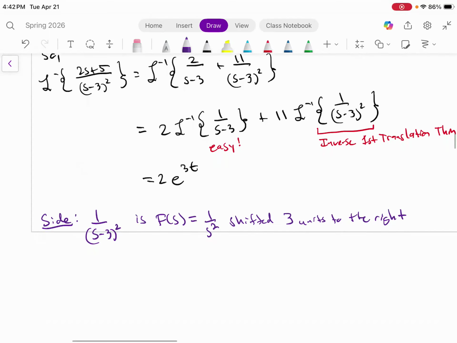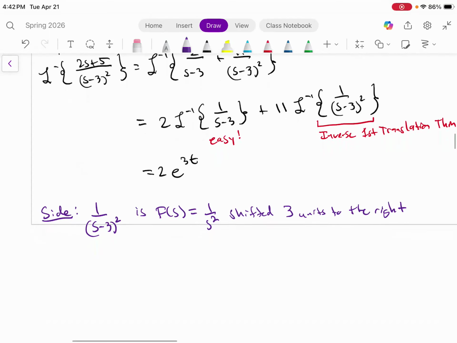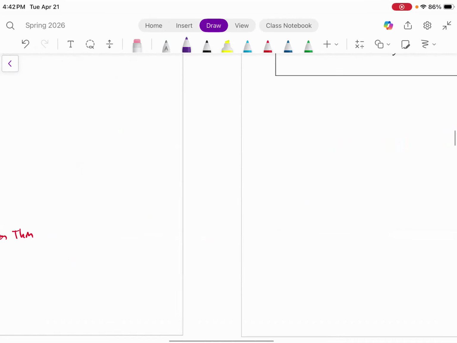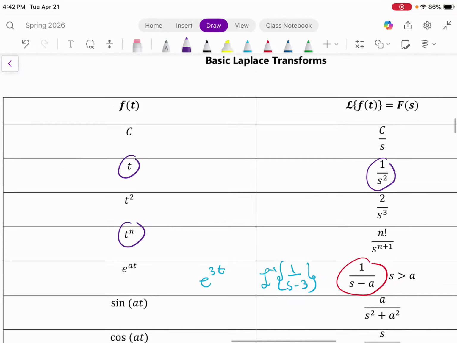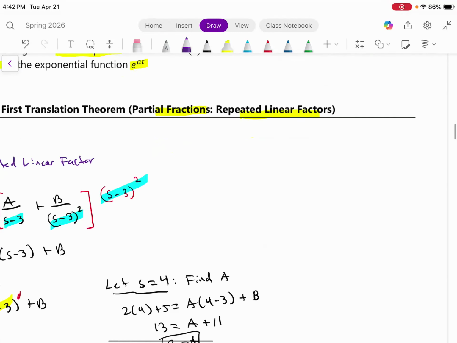Okay, and since the inverse Laplace of something like 1 over s squared, well, what would that be? We actually have that on the table right here. The inverse Laplace of 1 over s squared is just going to be t. It fits into this t to the n category. Okay, so we know it's going to be t.